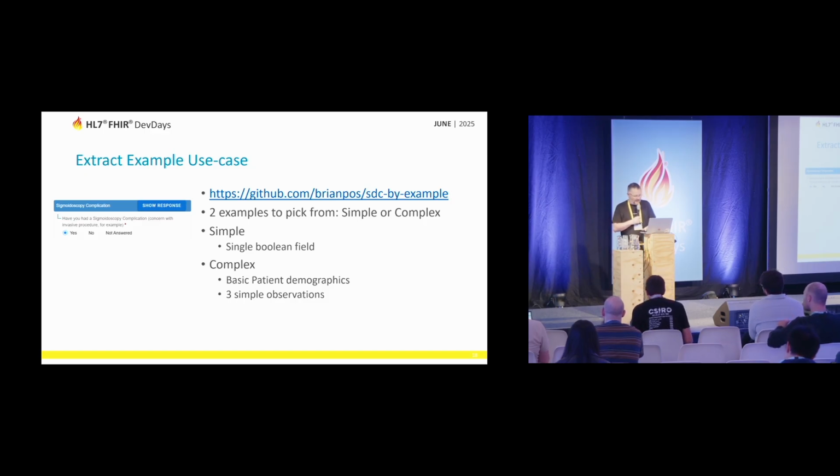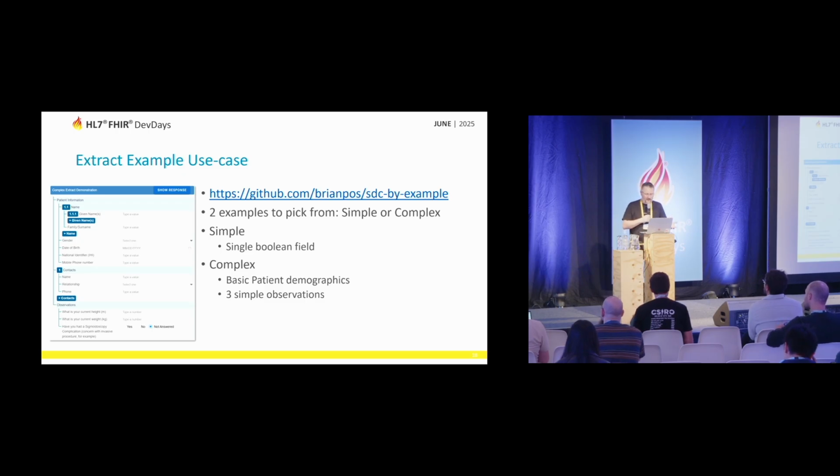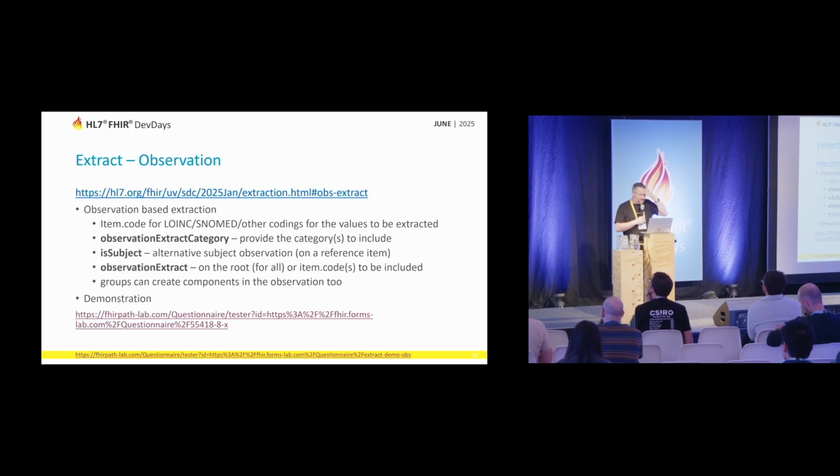And then I did a complex one, which is complex patient demographics and three simple observations. It really shows the power whether it's short or large. We'll go into the complex one during the hands-on lab next, or if there are other people that want specific templates created, we can do those live and try that out. But we're going to go through the simple one here.